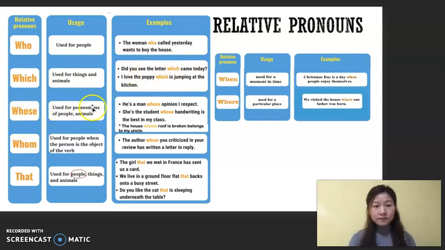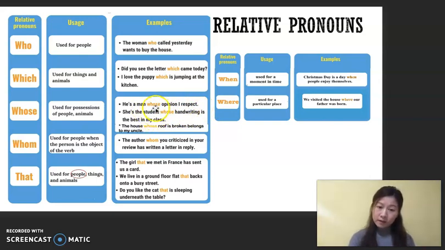Now whose is used for possessions of people and animals, even for dead objects. He's a man whose opinion I respect. This opinion belongs to this man, so we use whose opinion. She's the student whose handwriting is the best in my class. We use whose here because this handwriting belongs to the student.